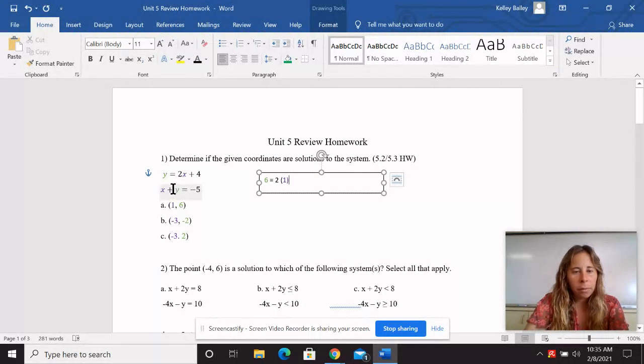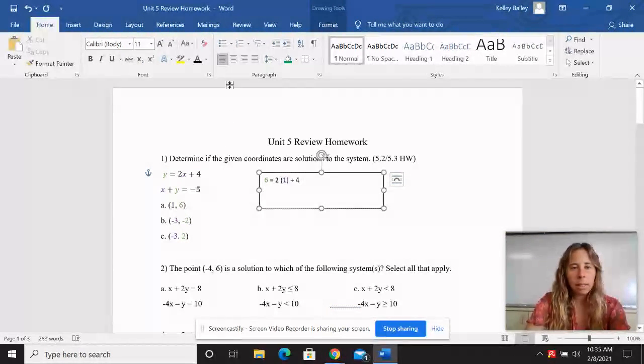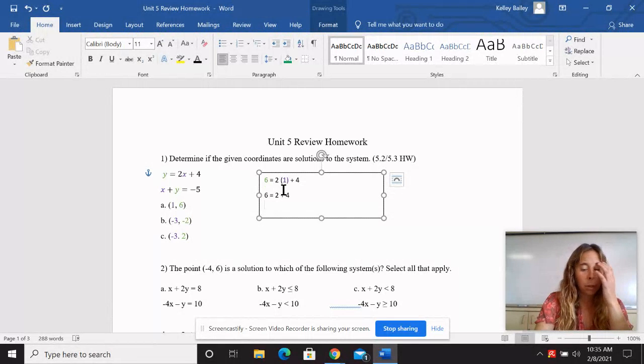And then you have y equals 2x plus 4. Now we simplify this and see if it is true. So we get 6 equals 2 times 1, which is 2, plus 4. So you get 6 equals 2 plus 4 is 6.